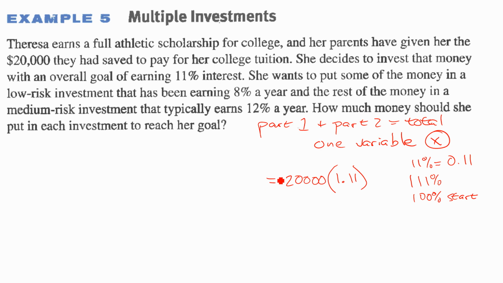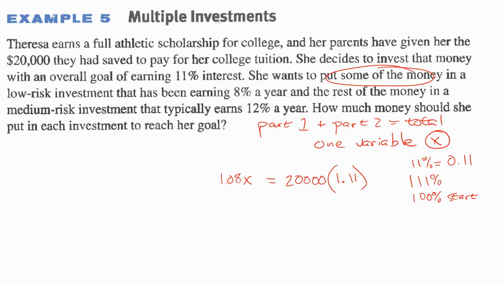Let's talk about what the different parts are. She wants to put some of her money in a low-risk investment that is earning 8% a year. So we're going to take 1.08 times how much? Some of the money. We have no idea how much that is, so we're going to say x.